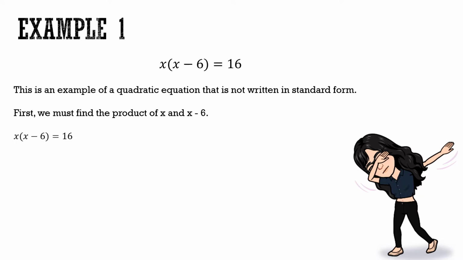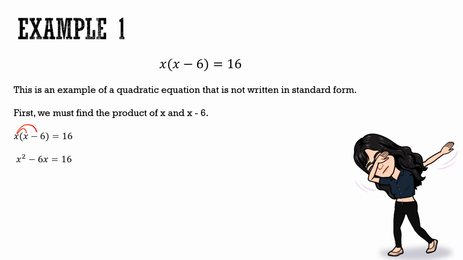To get the product, just simply distribute x to x and negative 6. Therefore, we have x times x is x squared, x times negative 6 is negative 6x, equals 16.